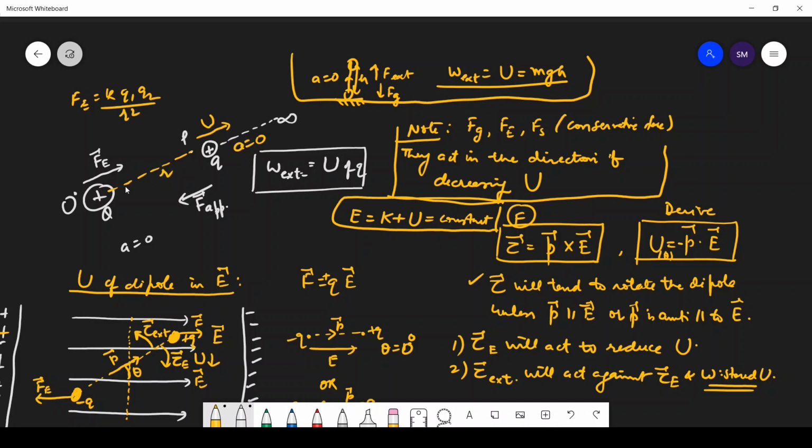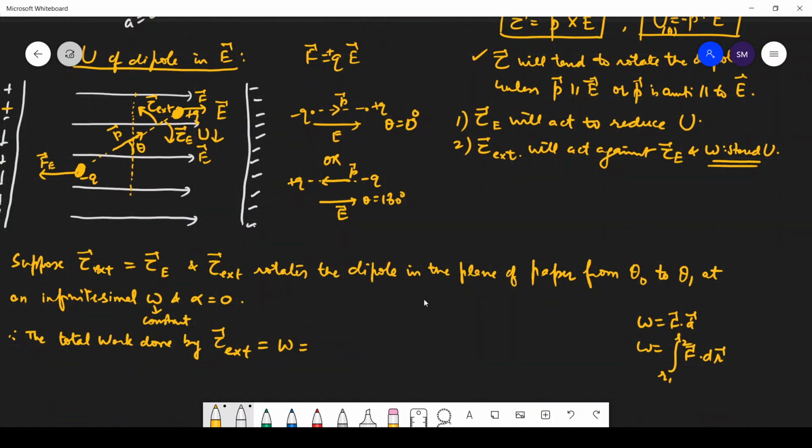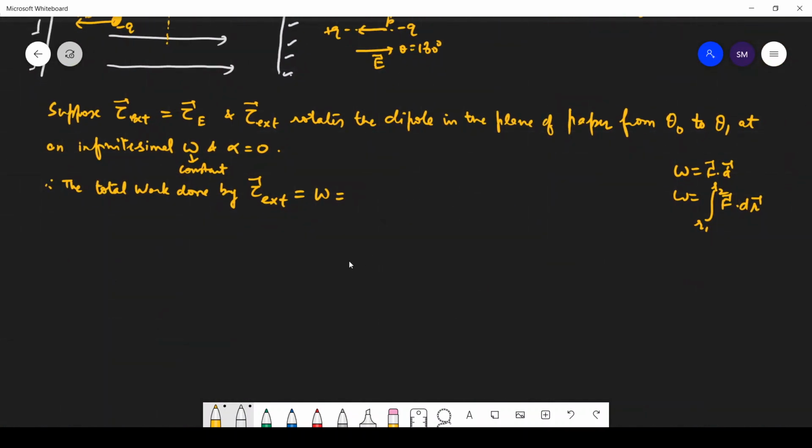So if you are increasing or decreasing the distance between the charges, then this will be different. You are bringing them near, so at every point this electric force is changing, and the external force is also changing. So the work done will always be in integral form when this is changing.